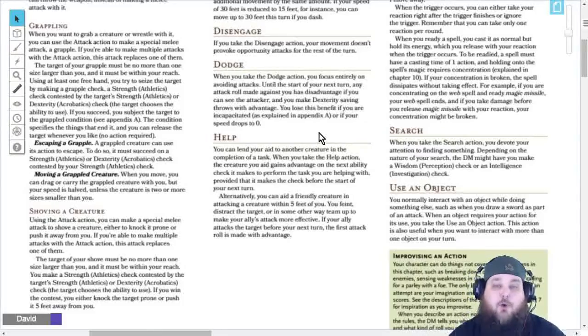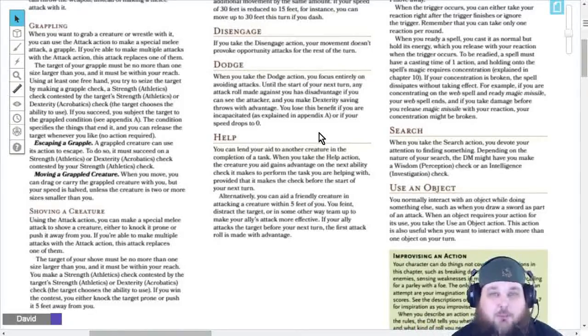Now, you're also going to get advantage on dexterity saving throws as well. Meaning, if Merlin the Wizard throws that fireball at you, you're going to have advantage on that dexterity saving throw. Or if he shoots a lightning bolt at you, you're going to have advantage on that dexterity saving throw. So, dodge needs to be used more, people. Dodge is such a powerful action. Sure, if you're surrounded by creatures, don't worry about attacking.